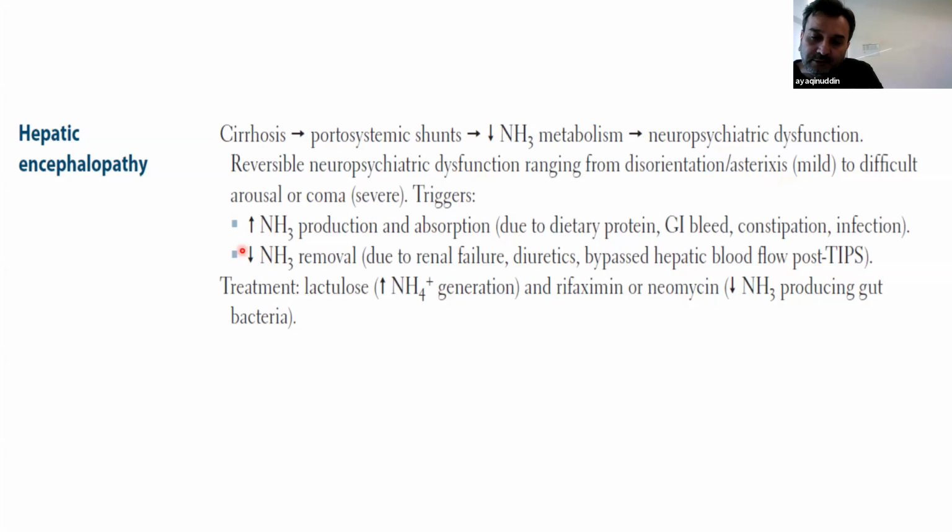So you give lactulose to generate more ammonium, and you give antibiotics to decrease the bacterial production of ammonia, which goes into the portal system, because the liver cannot convert this excessive amount of ammonia produced by the gut to urea. That's why the ammonia is going to affect the central nervous system, which will result in hepatic encephalopathy.